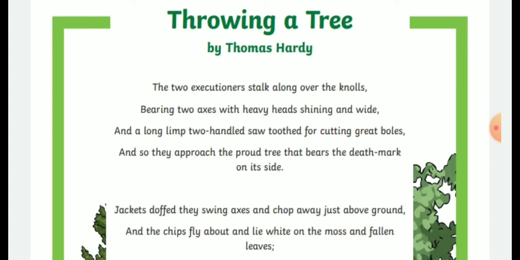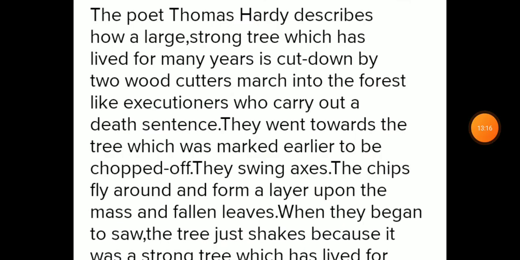So students, before ending this poem, let's begin the short summary of the whole poem, what the whole poem speaks about. Okay, so here I am giving the short summary, so kindly pause the video and write it down in your notebook. Alright. So students, here you have the short summary of the poem Throwing a Tree, written by Thomas Hardy.